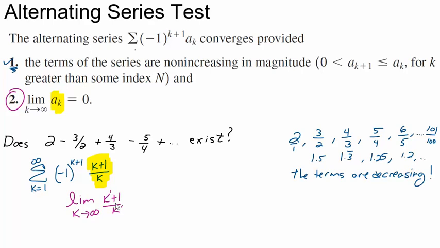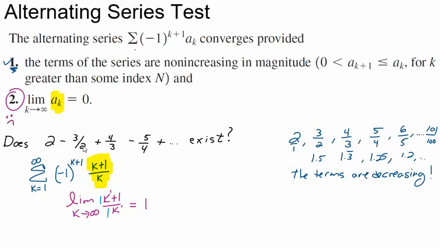So we know that the limit, which is the horizontal asymptote of this thing if you think of it as a function, is the quotient of the leading coefficients, which is 1 divided by 1, which is 1. So that limit is equal to 1. Uh-oh. My second criteria says that in order to determine that this converges, the limit has to equal 0. Sad face. Okay, so the second condition is not met.